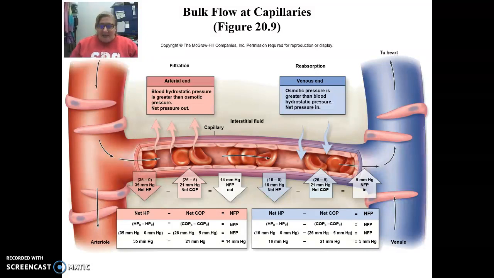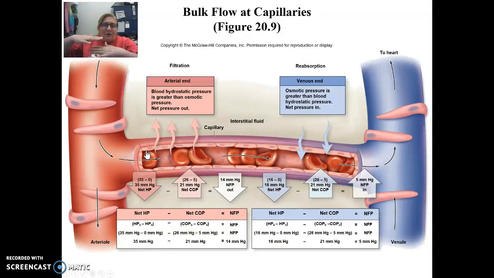What I was seeing, though, was on this arterial end, we're always going to have a higher pressure inside the blood to push fluids out than we will have to pull fluids back. Because if you have a lot of fluid and a lot of solutes mixed together, the amount of fluid inside is going to be higher than the amount of fluid outside.